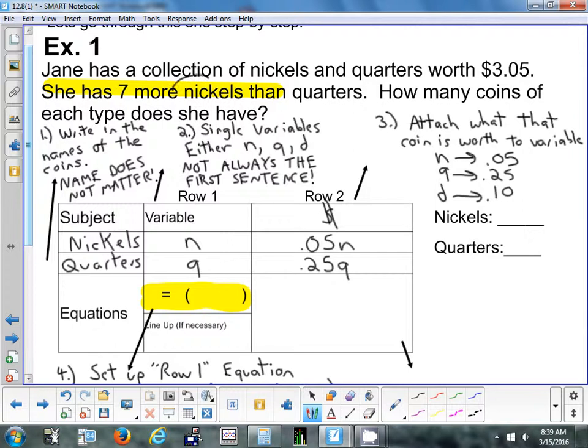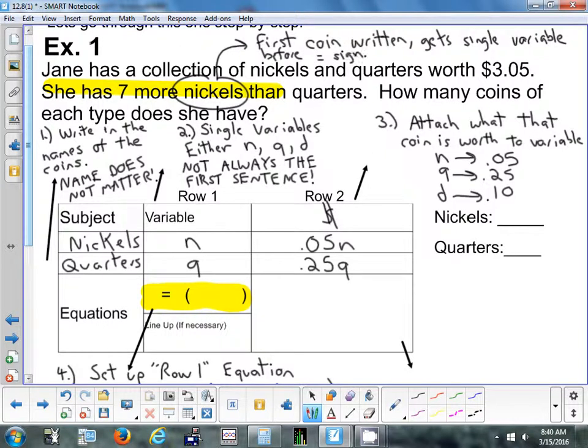first coin that gets mentioned, the first coin written, or the first coin mentioned for a total number of coins, not the money, not how much they're worth, but the amount that you have in your pocket, that's going to get the single variable.